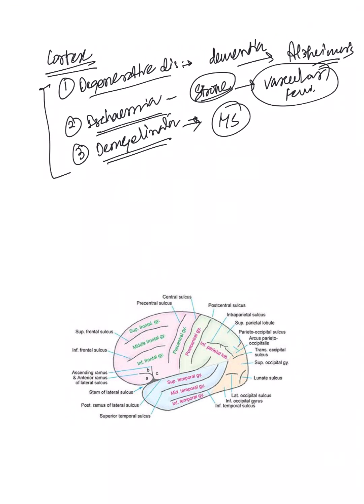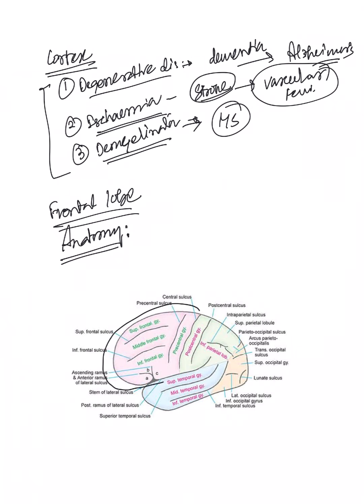So now coming to the lobes, we will first discuss frontal lobe. So frontal lobe is situated where? Anatomically, you have to remember this pinpointly. Specifically, frontal lobe is situated to the left of central sulcus.